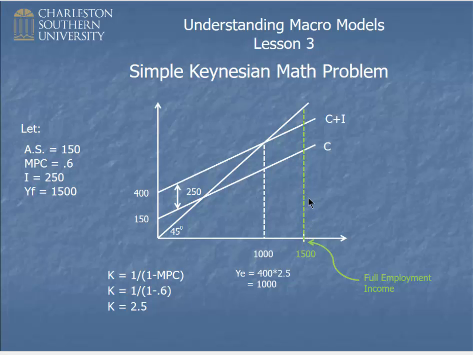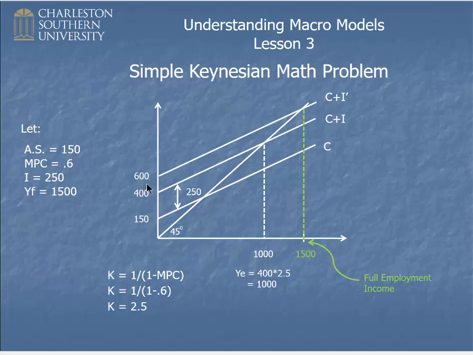So we can look at it visually like this. If we just bring a line straight up from there to this 45-degree line and then connect it over there, right? This number, let's just call it x. This number times 2.5 has got to equal this number over here, 1,500. So can you see that we could work backwards? You could take this number, 1,500, divide it by 2.5, and it would give you this number over here, which you can calculate.